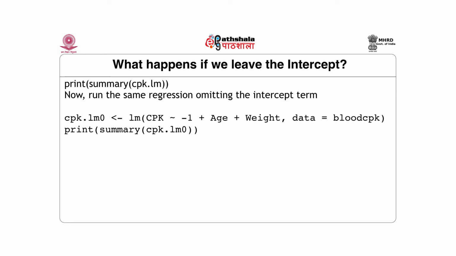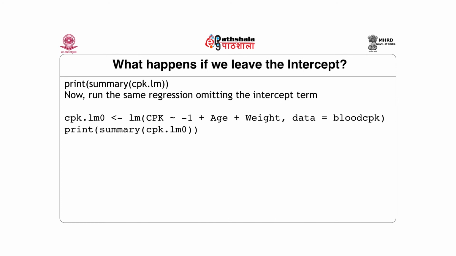We created another object labeled cpk.lm0, and we have stored in that object the product of the linear model where we have regressed the creatine phosphokinase on age and weight, but we decided to take out the intercept term, so we have put a -1 onto this. One other way in which you could take out the intercept term is to put 0 plus age plus weight. That would do the same thing. And then we print out the summary of the CPK term.